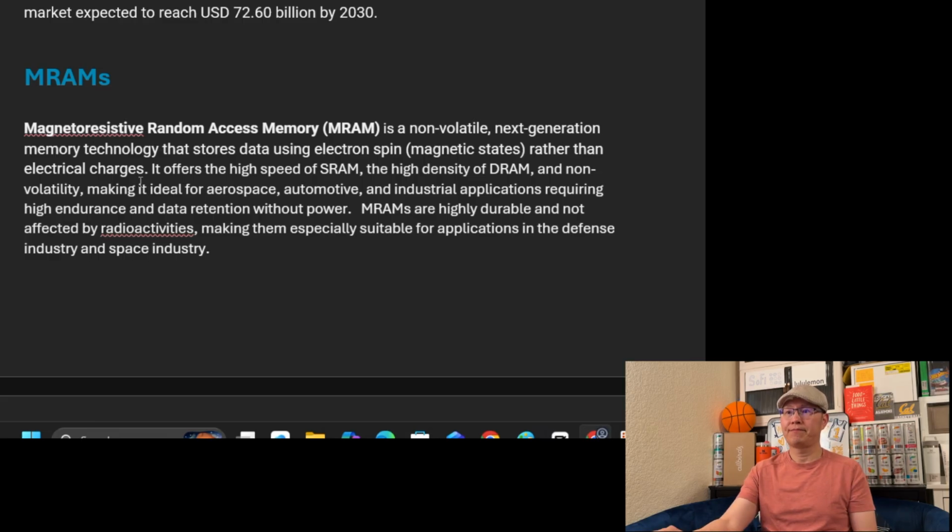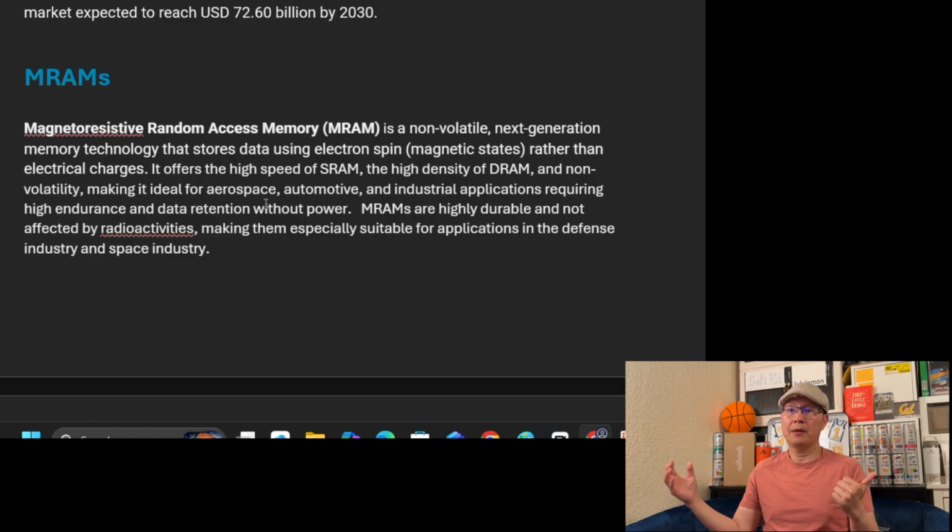So it offers the high speed of static RAM, the high density of DRAM, plus non-volatility, the best of both worlds, making it ideal for aerospace, especially because it is magnetic. It is not compromised by radioactivity in the surrounding area.